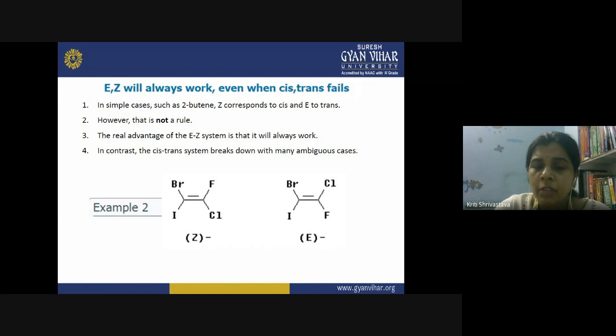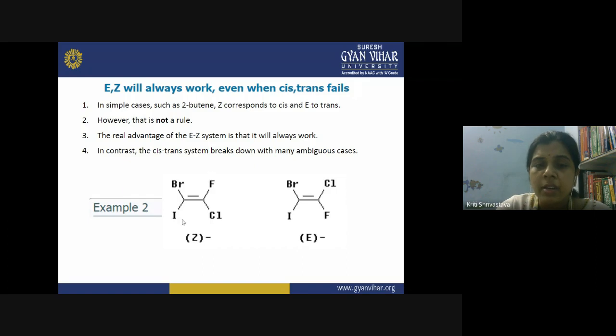So what we will do now is follow the CIP rules. And what are the CIP rules? You will give the priority according to the atomic weight, right? So this is the advantage of the EZ system, that it always works even when cis-trans fails. Now how will I give priority?